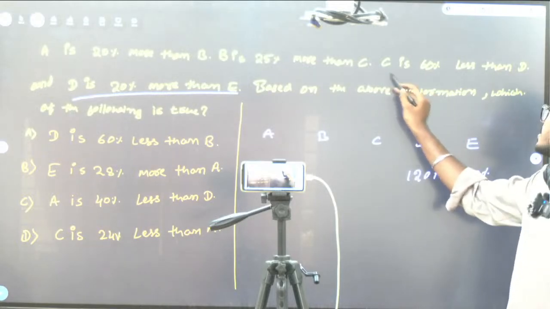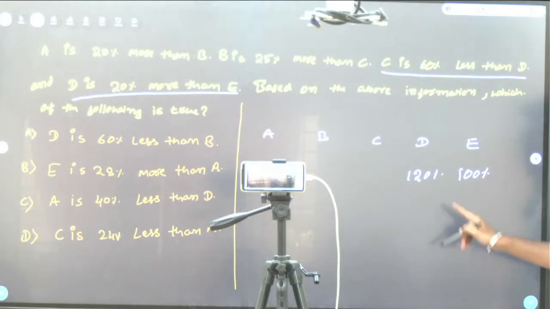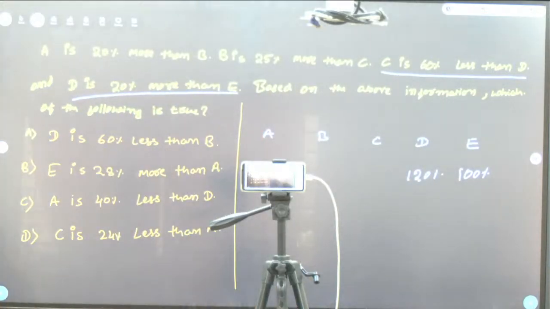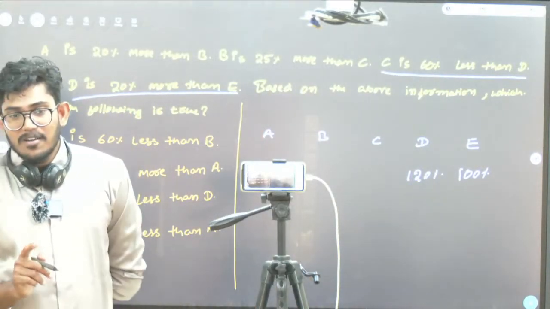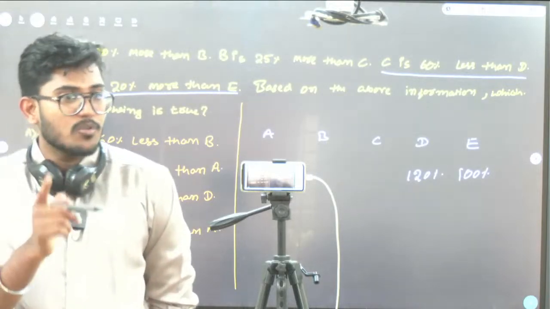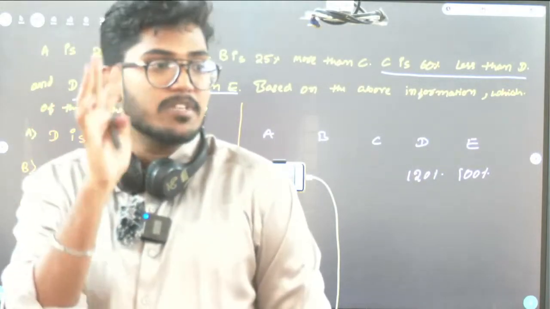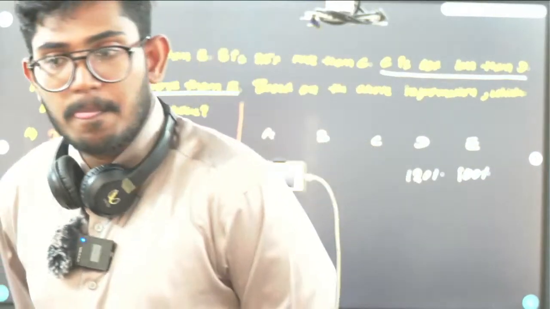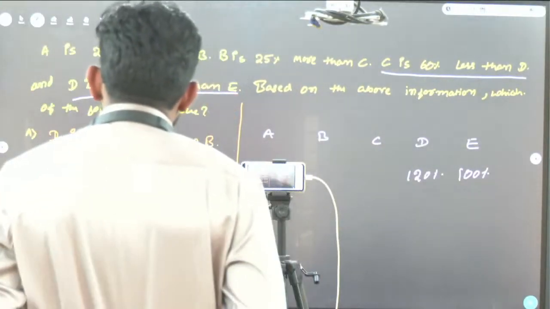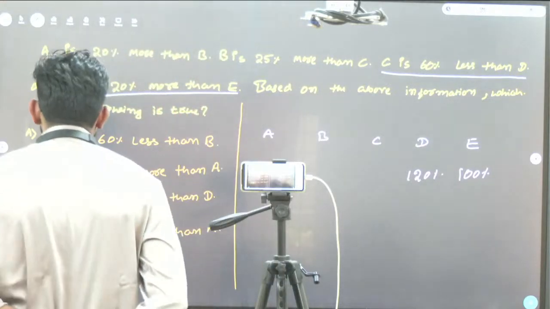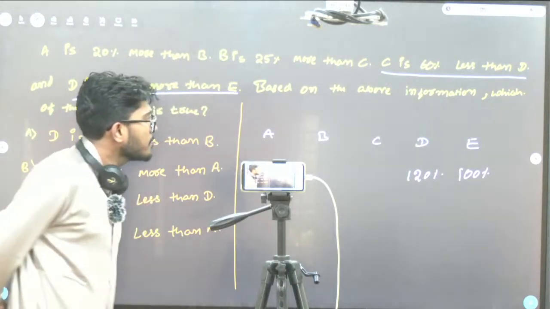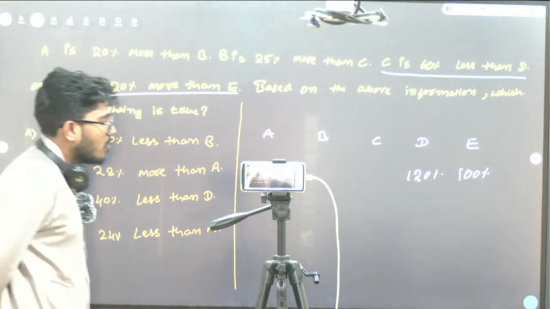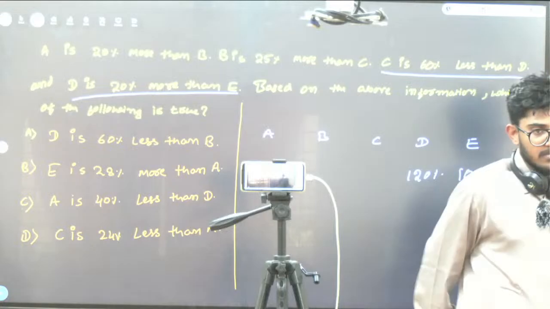Next point, C is 60% less than D. Don't subtract 60 from 120; calculate the percentage on 120. 60% less means you have only 40%. So 40% of 120 is 48. So 48 will be C.